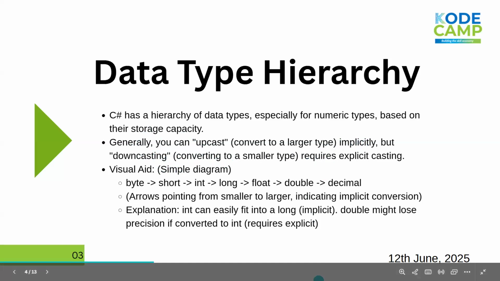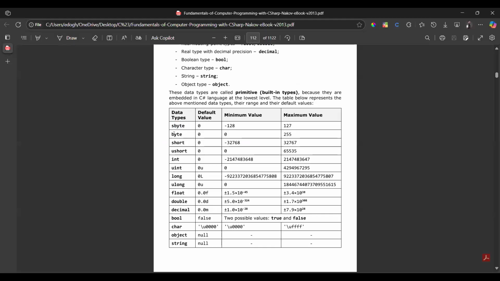So if I go into my table, I'm converting implicitly from sbyte to byte, or maybe sbyte to short. As you go down, you are increasing, right? This is the least when dealing with numbers, and this is the highest. Decimal is the highest. Are we following?